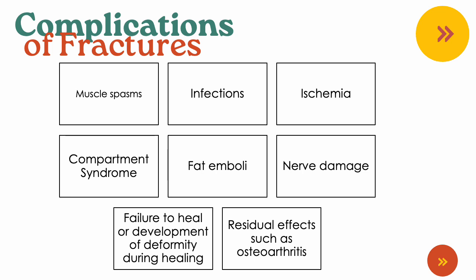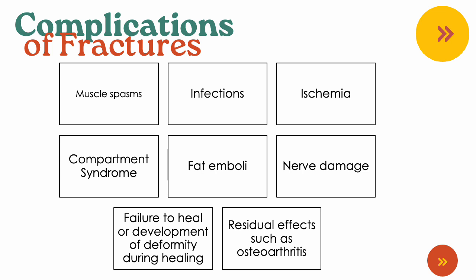Either way, you want it to not be too loose either, because as the edema decreases, your muscle is going to decrease due to lack of use. When we talk about atrophy or decreased muscle mass, it's normally secondary to the area not being able to be used as well.